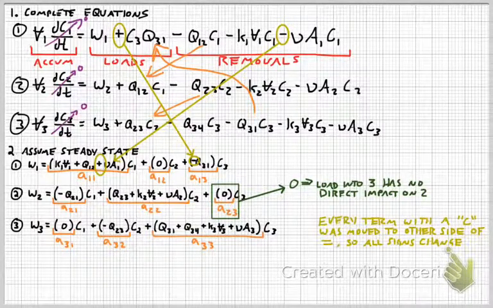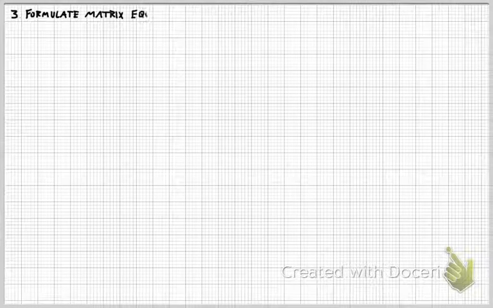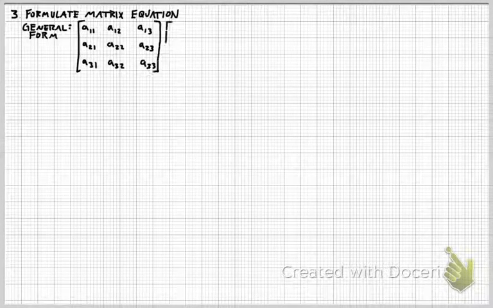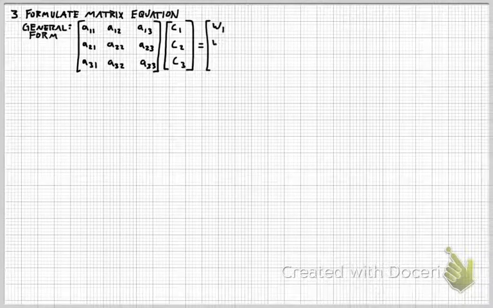So we've written our equations, we've simplified them for steady state, we've grouped terms to make our life easier for a matrix-based solution, and on the next slide we're going to actually formulate the matrix solutions for this problem. So as we discussed in lecture and as you've seen in the text, the general form of our solution is going to look something like this, where we have a matrix that includes all of our assimilation factors multiplied by a concentration matrix equal to our forcing.